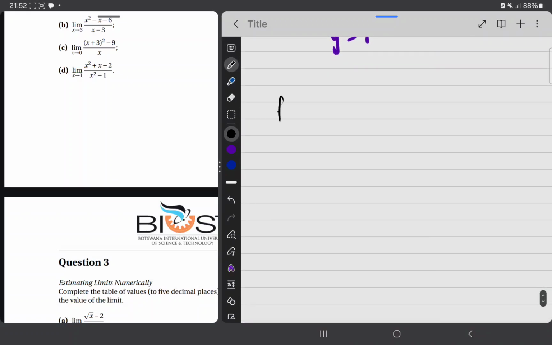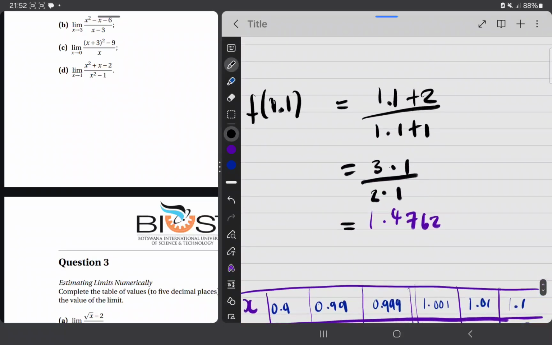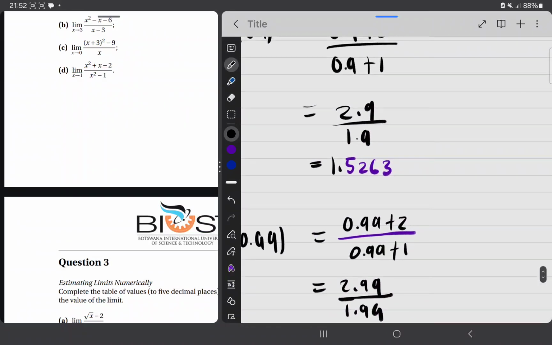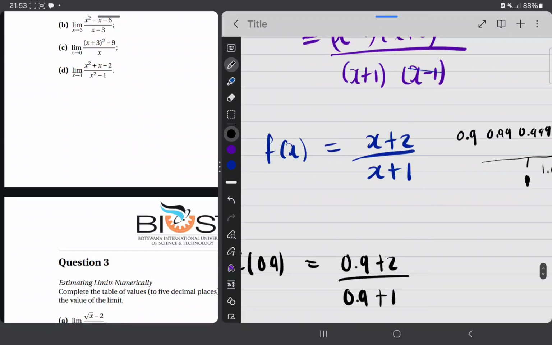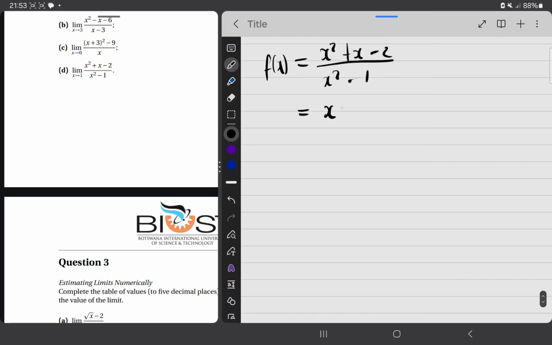So f of x is going to be equal to x squared plus x minus 2 all over x squared minus 1. We factorize like we did. When we factorized, what did we have? It was x plus 2, x minus 1, for the top.